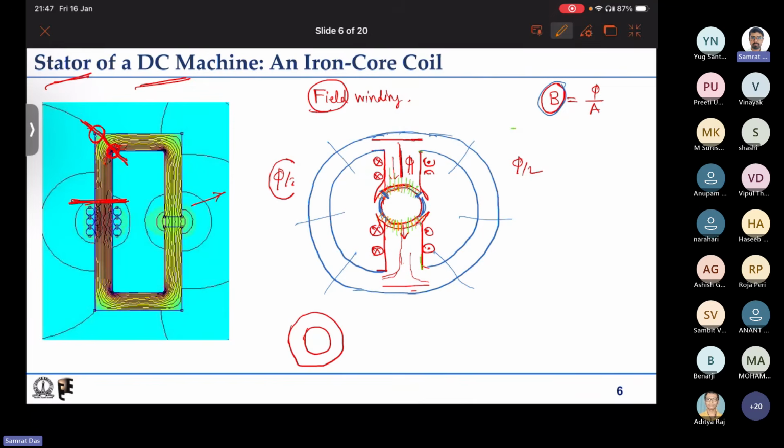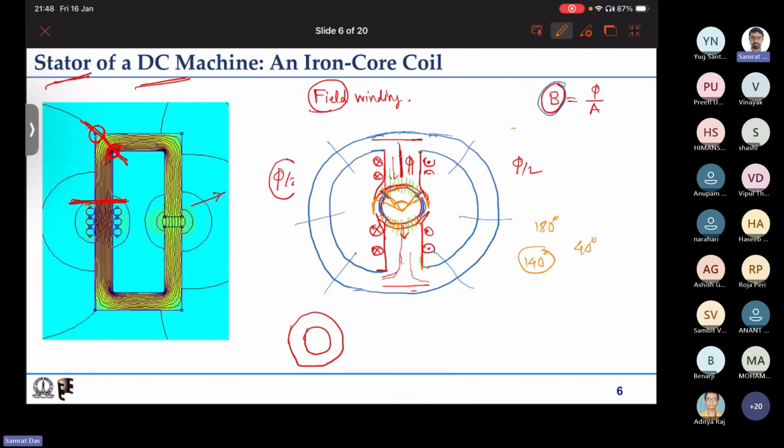If this was the angle earlier, say some 100 degree, now we can have it for almost 140 degree. So if we have high flux density for almost 140 out of 180 degree, the interpolar region for one side is only, say, 40 degree, so 20 degree here and 20 degree here. So we are reducing the interpolar region where we have almost zero flux density.